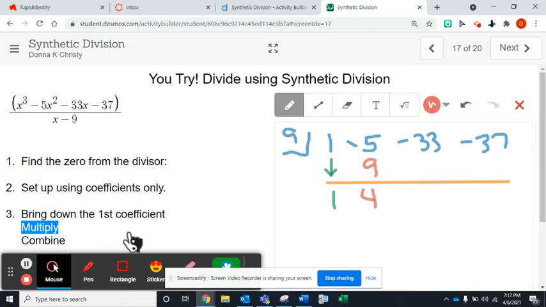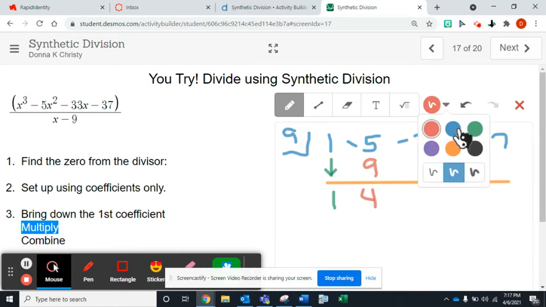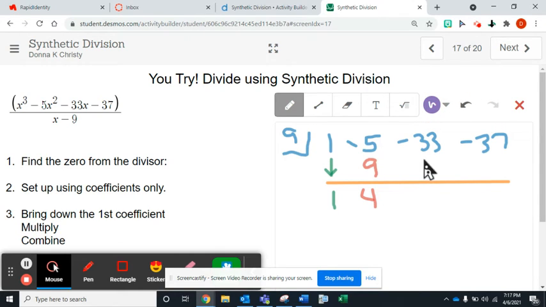Again, multiply. 9 times 4 is 36. So 36 goes here. Combine those. So that's going to be 3.